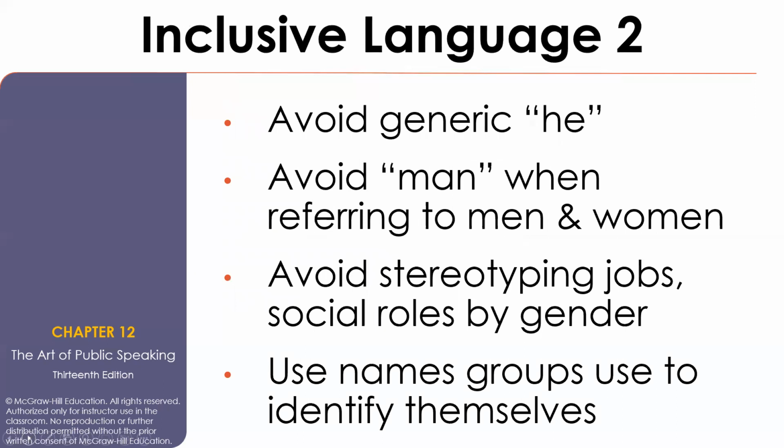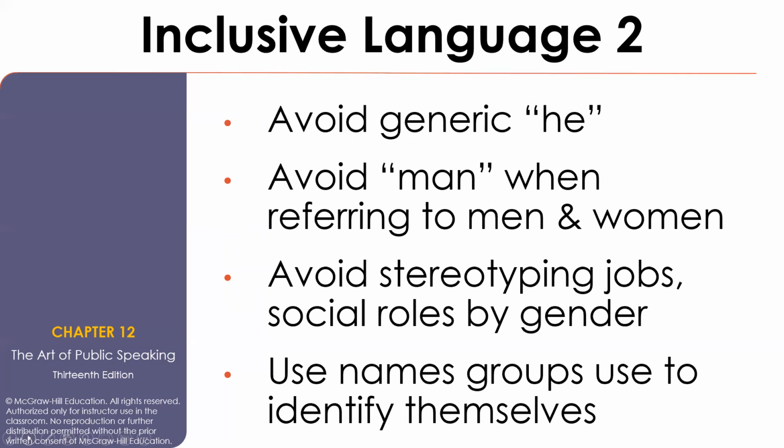Some of the other guidelines that you should try to follow as much as possible as you're framing your speech: try to avoid the generic he as you're writing. Use a they or a he/she if necessary. Avoid man when you're actually referring to both men and women. Avoid stereotyping jobs according to gender or social roles by gender.